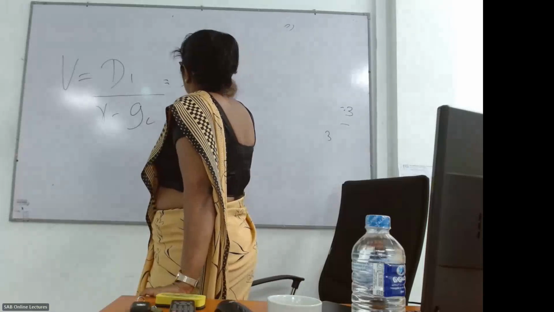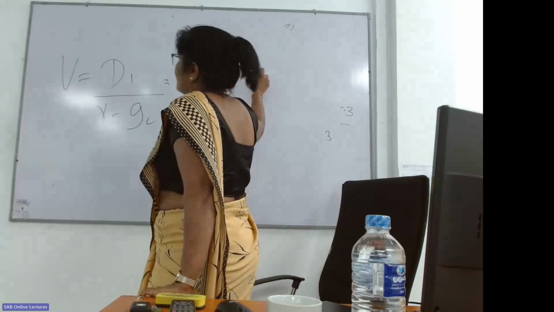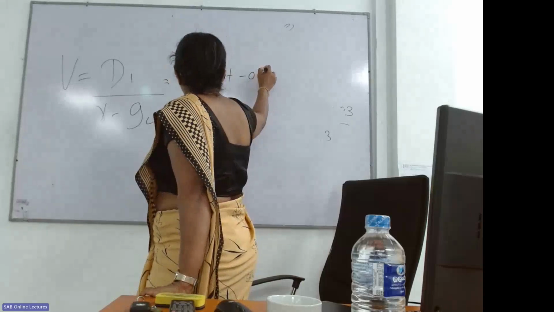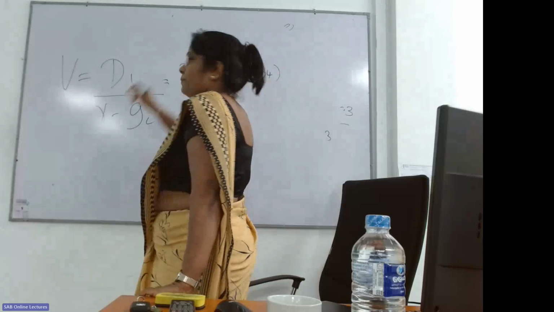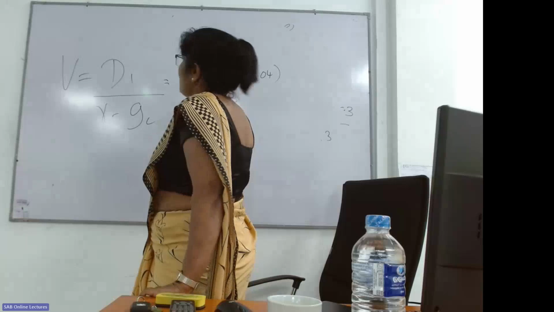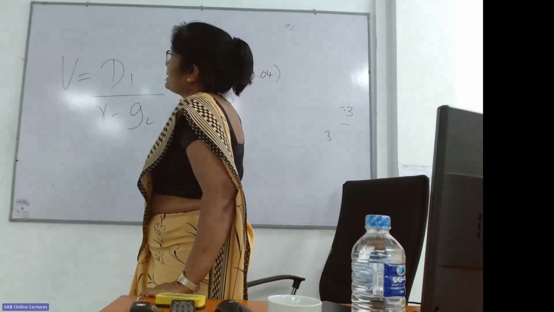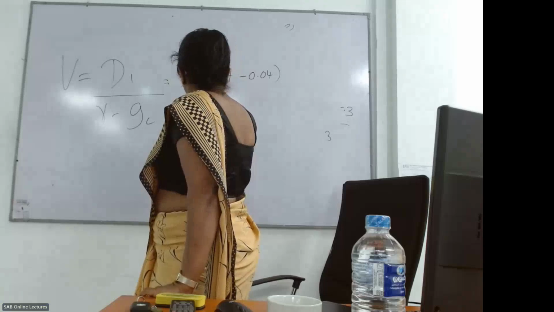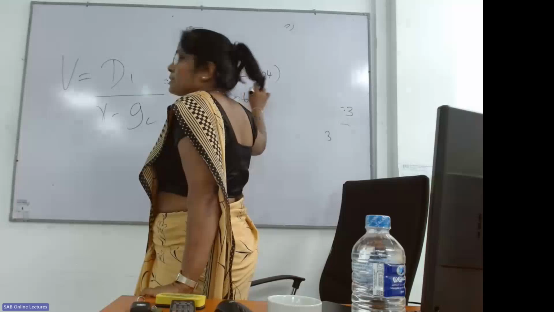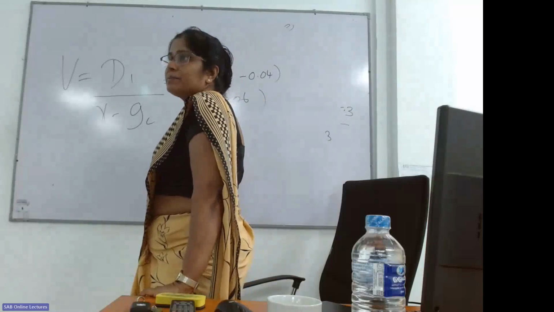D1 is D0 into 1 plus growth rate, where growth is minus 4%. So D1 is 5 into 1 minus 0.04, which means 0.96.